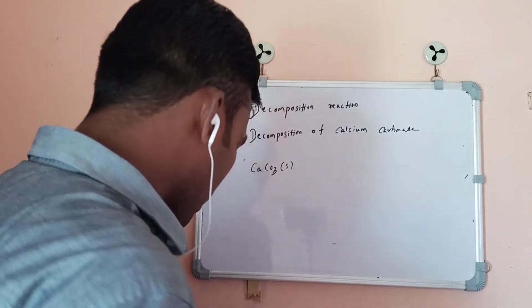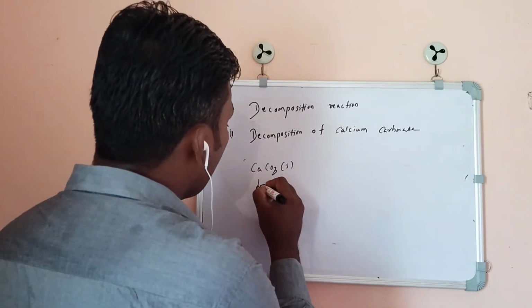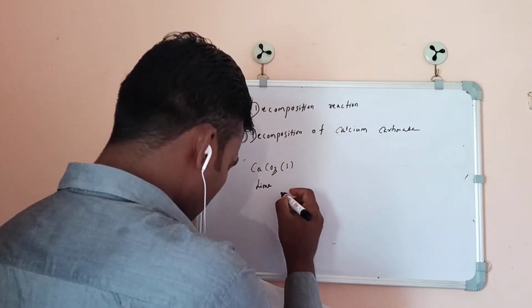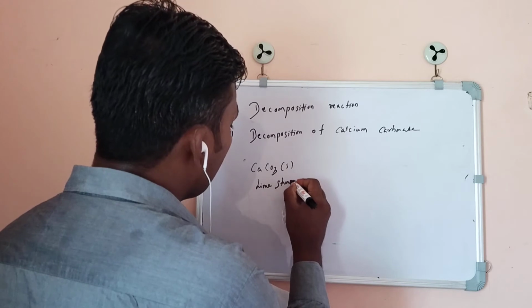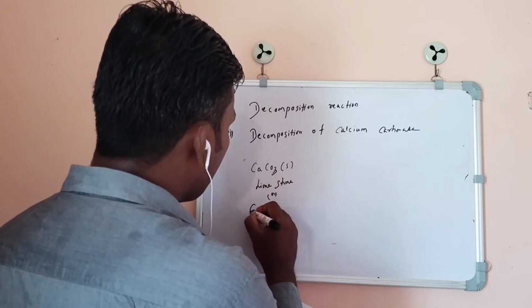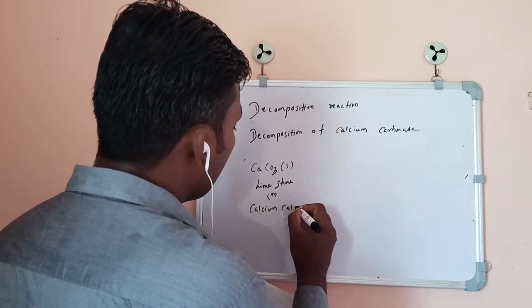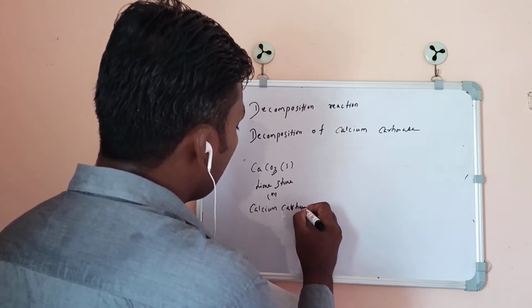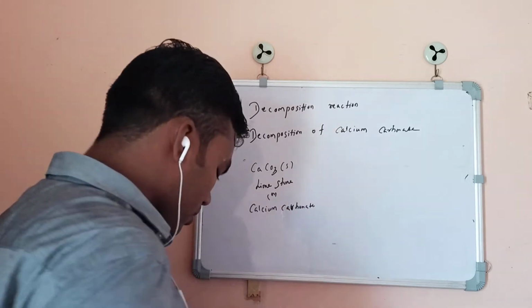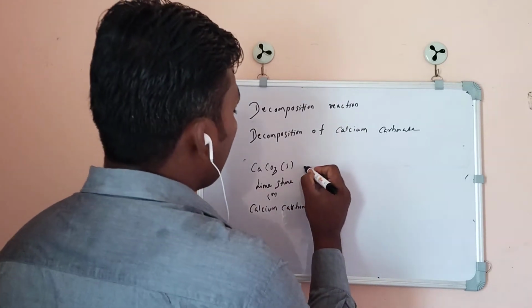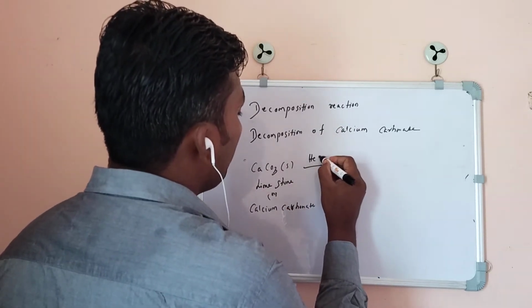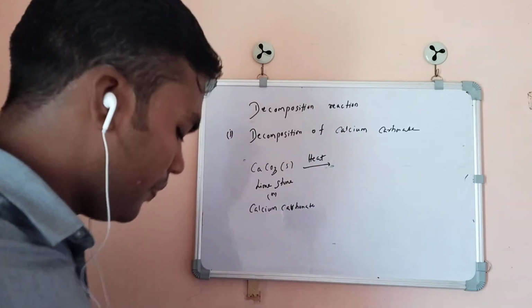This is a solid form. The other name of calcium carbonate is limestone. You can take this calcium carbonate and then heat this material.